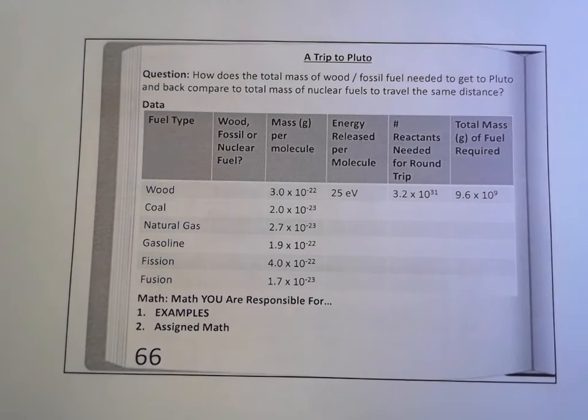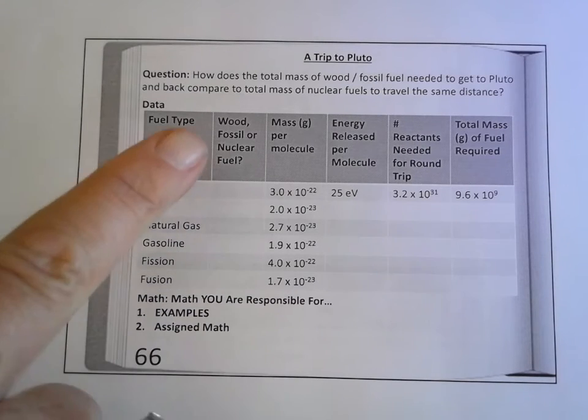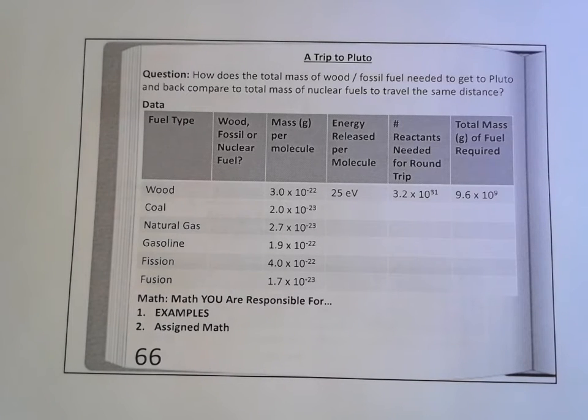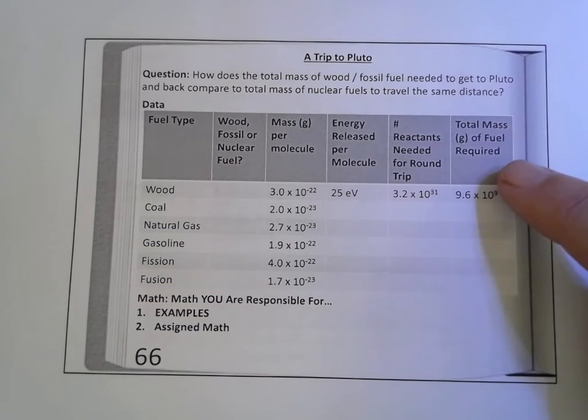Here's the data table. You have fuel type, then wood, fossil, or nuclear fuels second. Third column, mass in grams per molecule. The 4th, energy released per molecule. The 5th, the number of reactants needed for the trip. And the last one is the total mass.